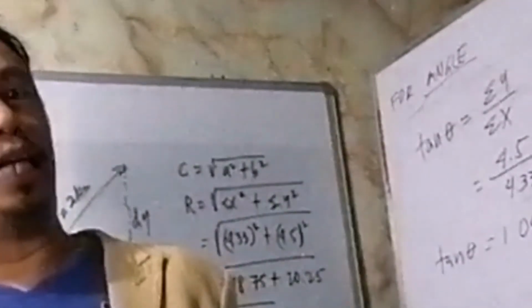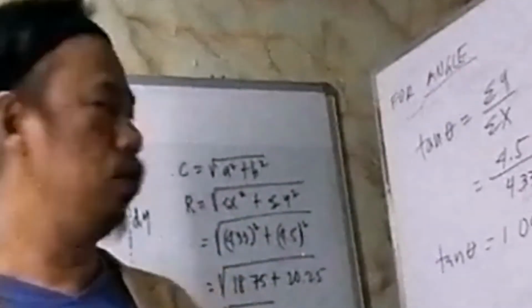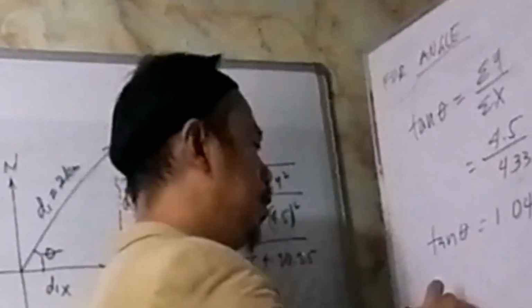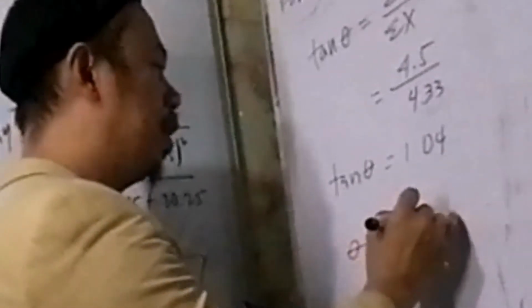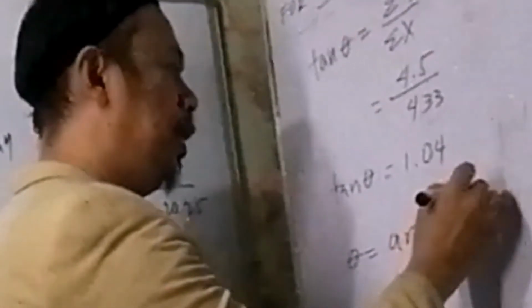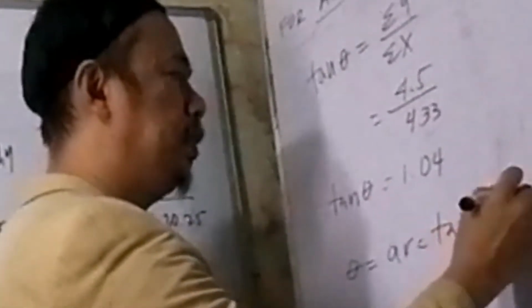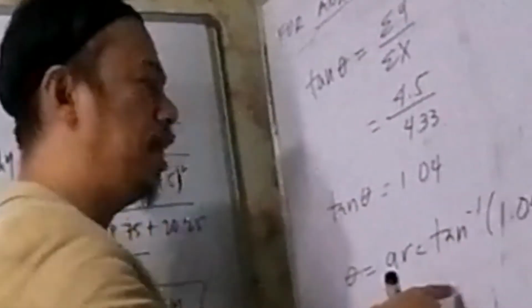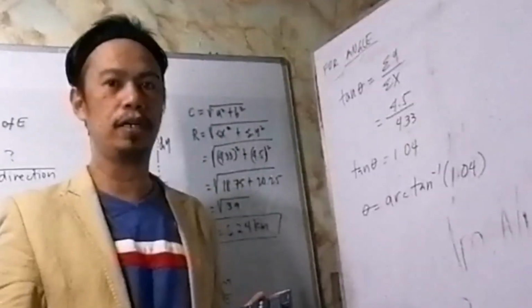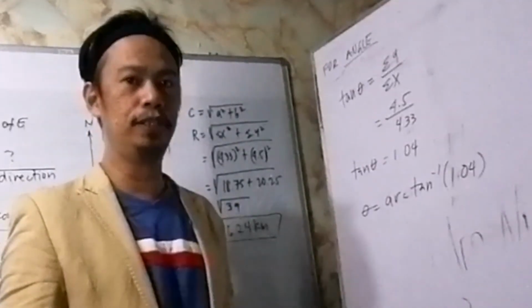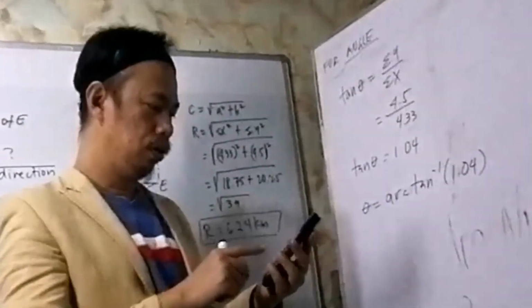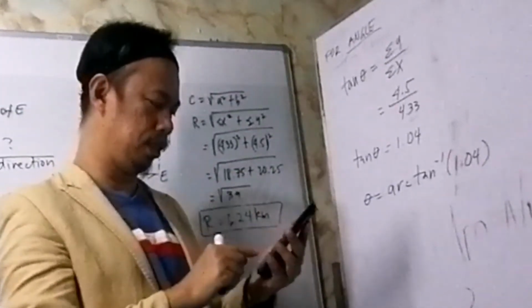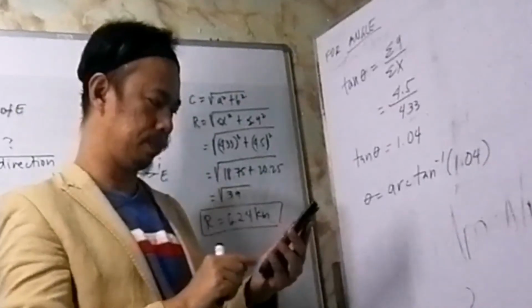So, this is tangent theta. What we need is the angle. So, to get the theta, we have theta is equal to arc tan of 1.04. So, what is arc tan all about? That is the inverse. Okay, the inverse of tangent. So, we get inverse tangent of 1.04.